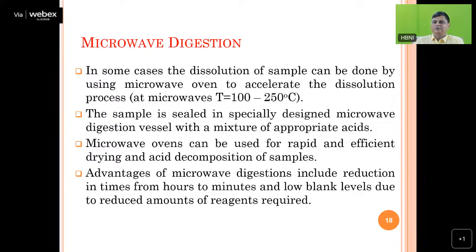The wet digestion can be performed even for the volatile element, because you need a very small amount of acid compared to open digestions. Therefore there is a low blank, meaning the possibility of adding impurity to the solvent is also less, because less reagent is used while performing this.